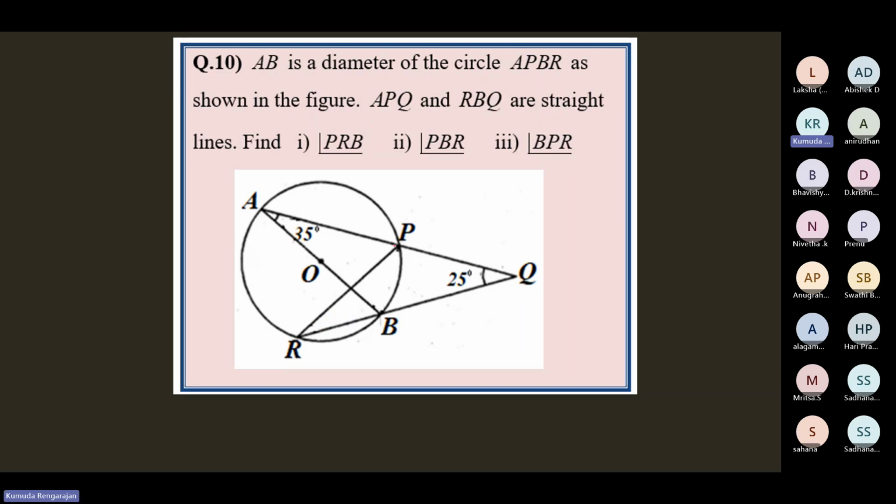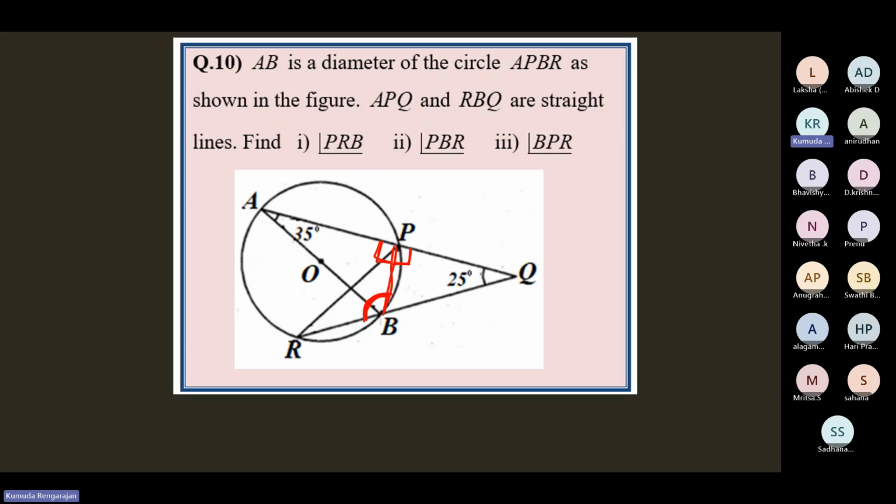Next, PBR. This angle, PBR. To find this angle: an angle in a semicircle is a right angle. This is 90. So by linear pair, this is also 90.